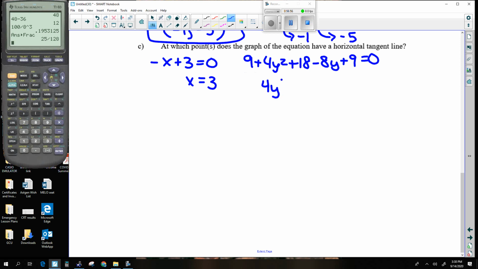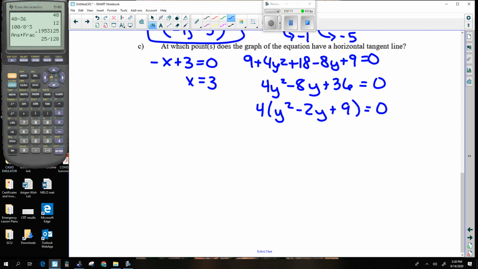So 4y squared minus 8y plus 36 is equal to 0. 4y squared minus 2y plus 9 is equal to 0.